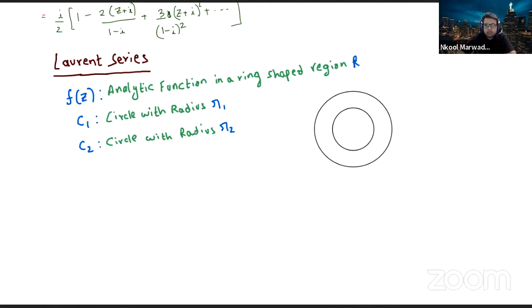This is, let us suppose, the center. Let us suppose this is R1. This is R2.